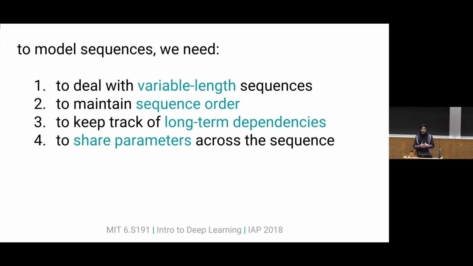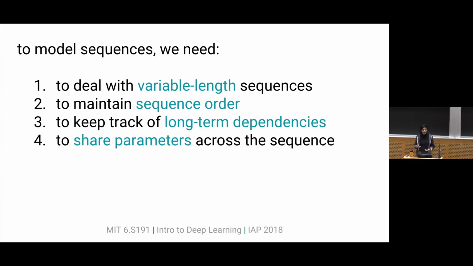All right, so you kind of see all the problems that arise with sequences now and why we need a different framework. Specifically, we want to be able to deal with variable length sequences. We want to maintain sequence order so we can keep all of that sequential information. We want to keep track of longer-term dependencies rather than cutting it off too short. And we want to be able to share parameters across the sequence so we don't have to relearn things across the sequence.